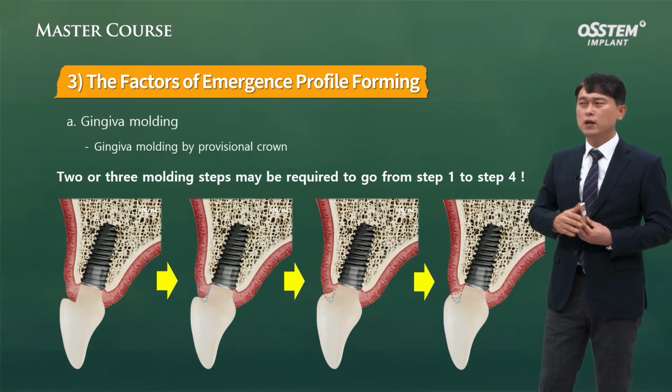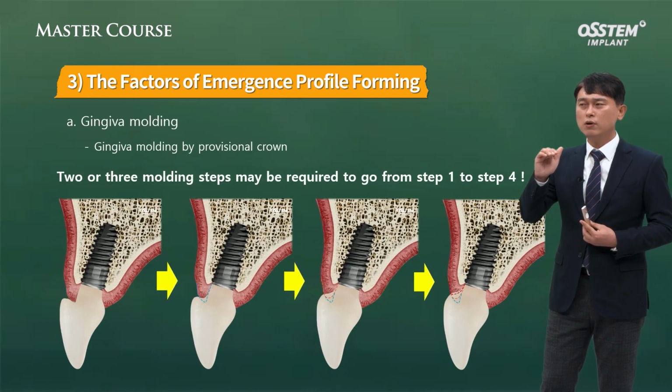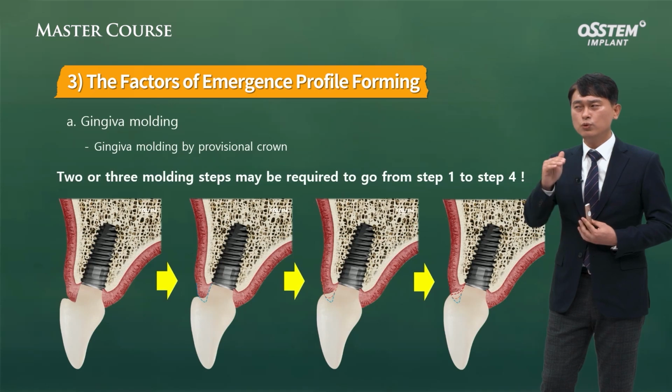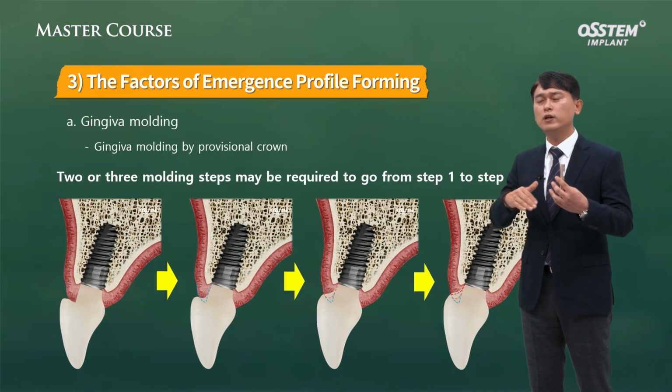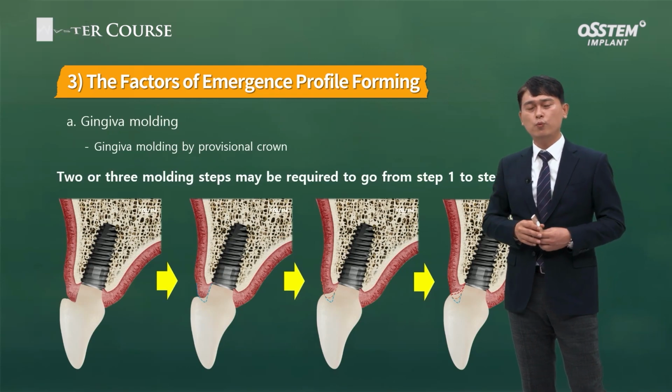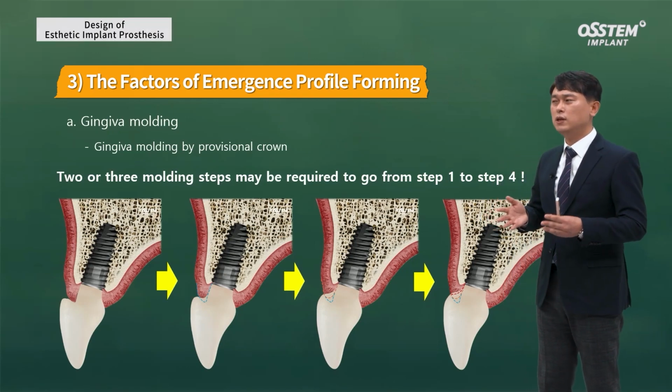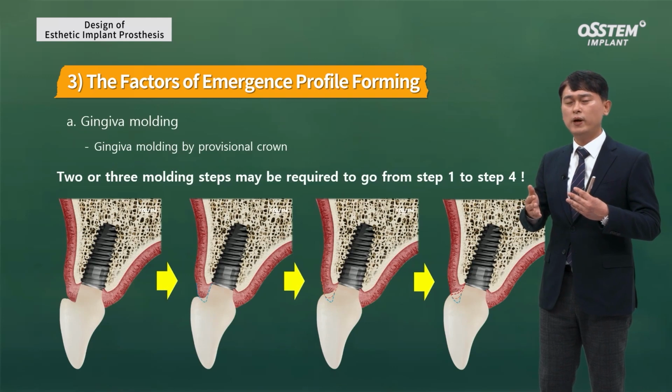As you can see here, we need to go through about 4 steps to push it slowly. The slow pushing from the buccal side can change the soft tissue, and due to the compression from the soft tissue, the surrounding bone can be remodeled and can take on an appropriate shape.